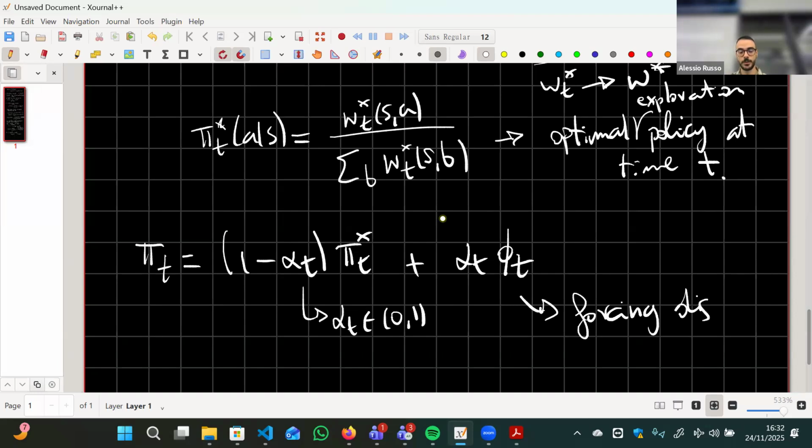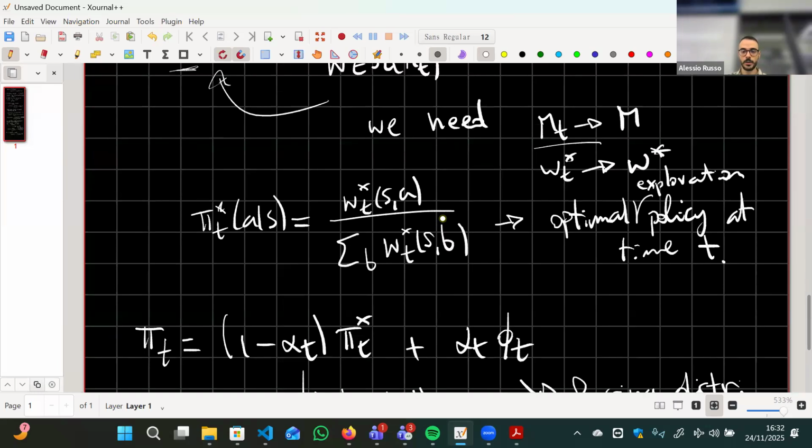So the role of this forcing distribution is to ensure that asymptotically our estimate of the MDP will converge to the true one, so that this property will lead to this other property, that our w_t star will converge to the true w star.